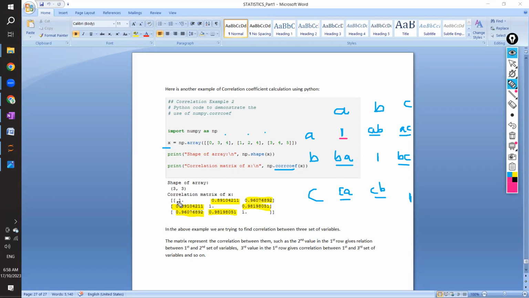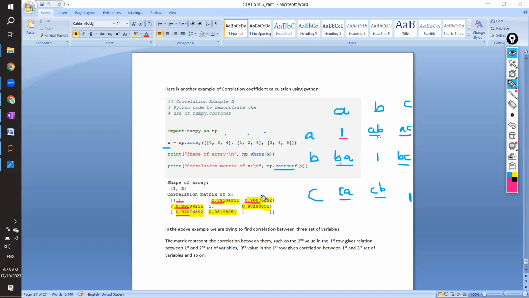Okay, this is 1. After that, this value and this value will be same. See here, 0.891, exactly 0.891. Why? Because this is A and B and this is B and A. Both will be same. Fine. And this A and C and C and A will be same. As you can see, 0.9607, 0.9607.